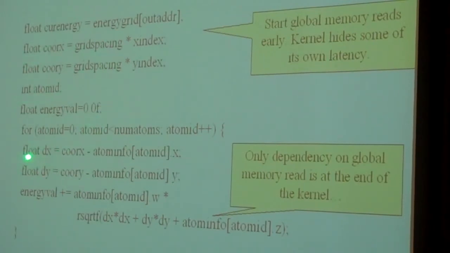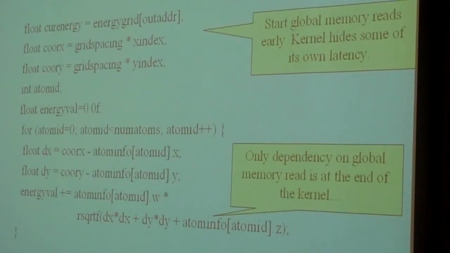So if you have a loop like this one, GPUs of course do a wonderful job of hiding latency by having a huge number of threads running on the same hardware. But another thing they have that's really slick is what they call a scoreboard.